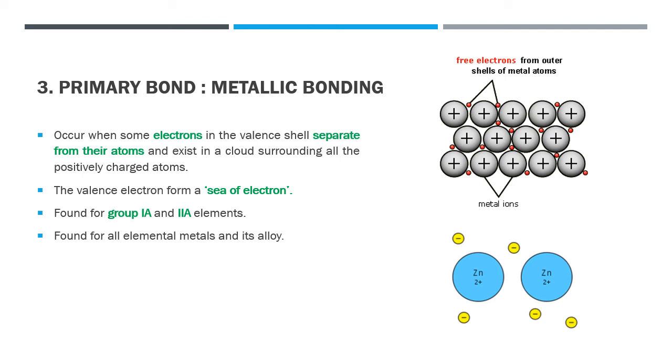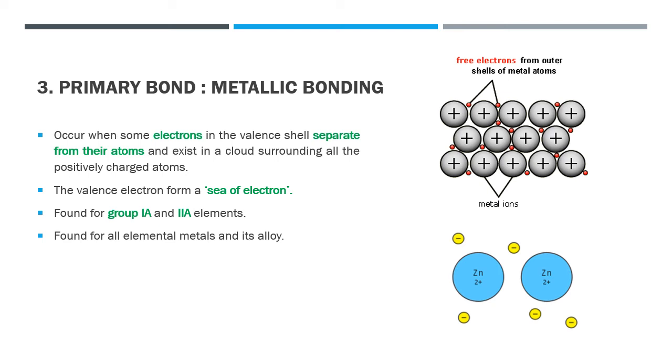So as you can see, for example, in zinc itself, it has positive charge from the protons, but different from ionic or covalent bonding, the electrons move freely. They move from the shell, and do not orbit the nucleus using the shell.